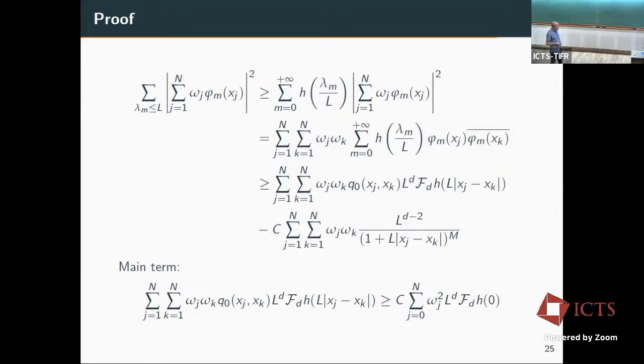This is 0, so you have FDH of 0. And of course, you made this in such a way that this quantity is positive. And so this is exactly the estimate that you needed: L to the power D times the sum of the squares of the weights. So all you need to show now is that the remainder is in fact smaller than the main term.